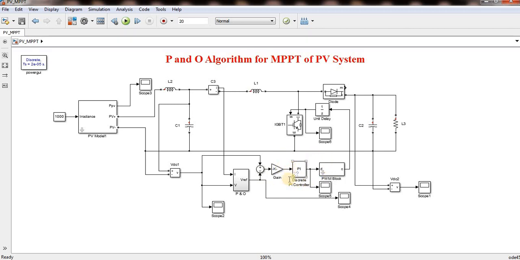Even without using any PI controller, without regulating the voltage, you can also operate your MPPT. It is not a particular procedure or particular logic. This is my logic, and the same logic can be implemented for other applications also.